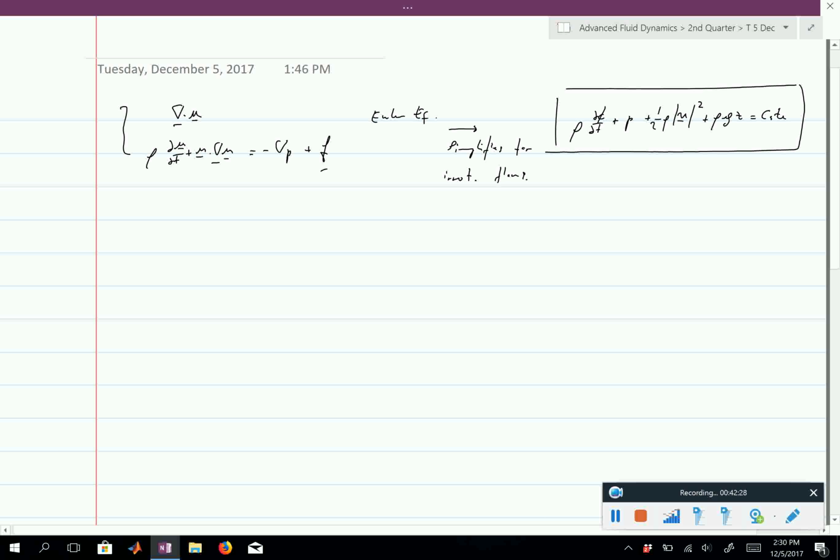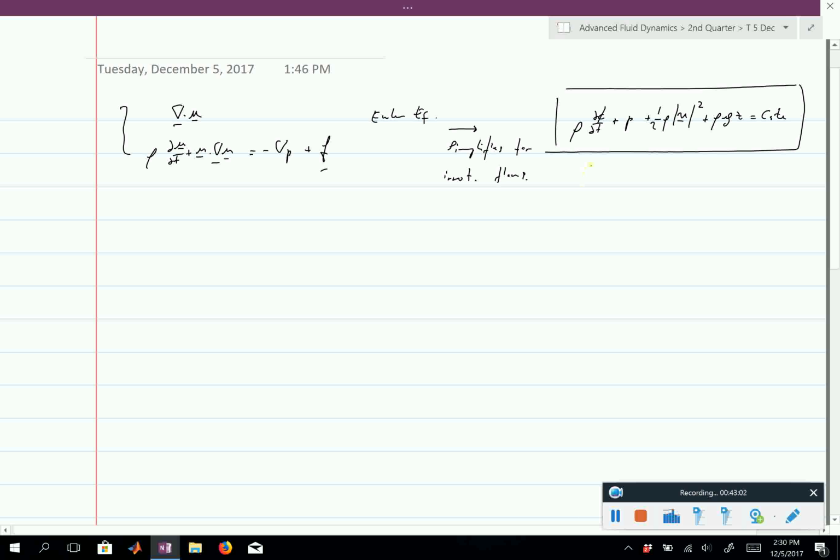This constant has dimensions of pressure, so let me call it p atmospheric. For instance, if the flow was 0 at infinity, you would identify this constant at infinity, where these terms would be equal to 0, and this would be just p at infinity. Always identify this constant where you know all of the other terms. There might be one point in the flow, and you don't have to follow a streamline, where you can identify all of these. That's the point where you want to identify the constant.